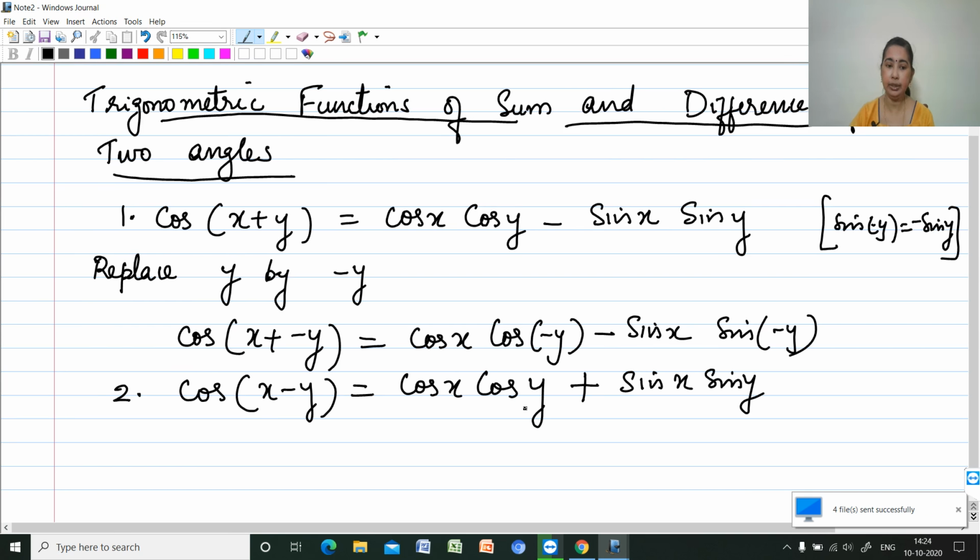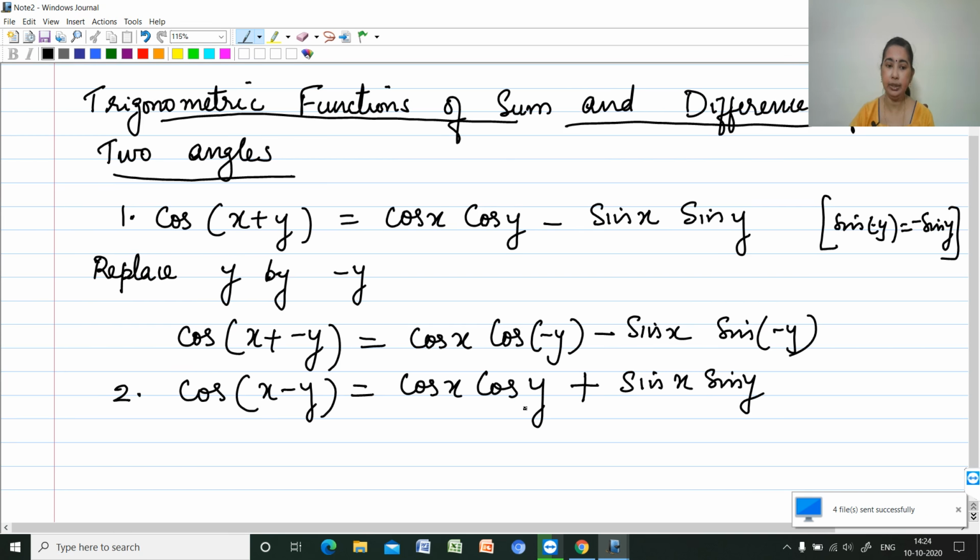Now, in the next one we are replacing x by pi by 2 and y by x in the above identity. In this identity I am replacing x by pi by 2. Instead of x I am putting pi by 2, and instead of y I am putting x in the second identity.